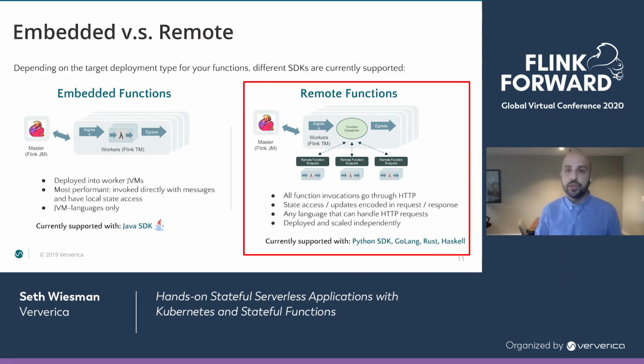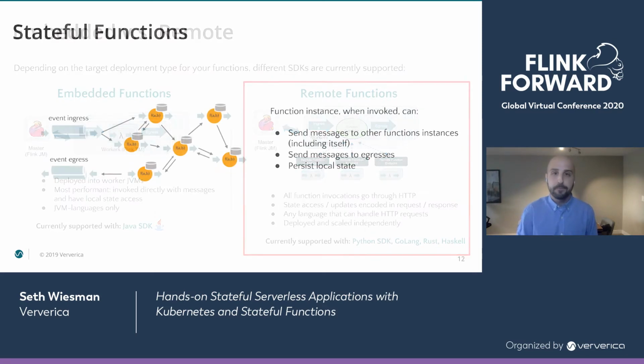And these are essentially the building blocks of our code, and they can be implemented in any language that implements our protocol. Out of the box, we're shipping Python, Golang, and Rust. There's even a Haskell one that's recently popped up. And they communicate with the Flink cluster via a well-defined remote HTTP request-reply protocol.